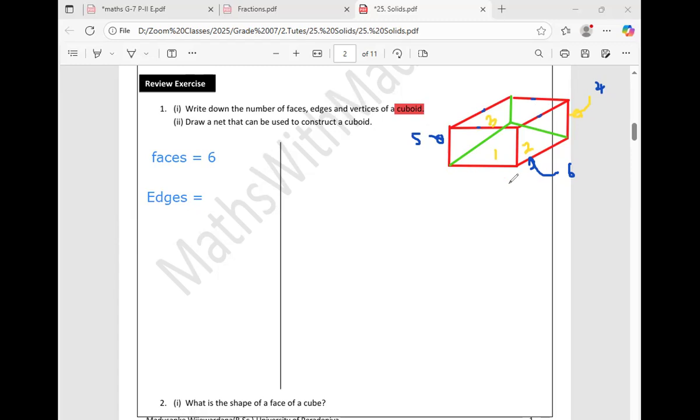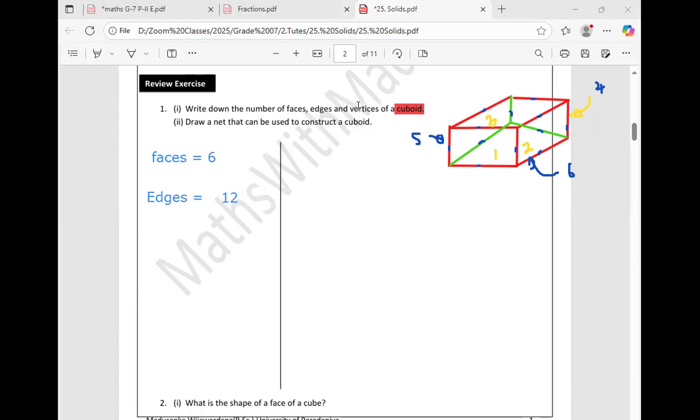There are 4 edges, and in the bottom 5, 6, 7, 8. So this is the bottom. There are 8 total edges. Then side view: 8, then 9, 10, 11, 12. So 12 edges are there.